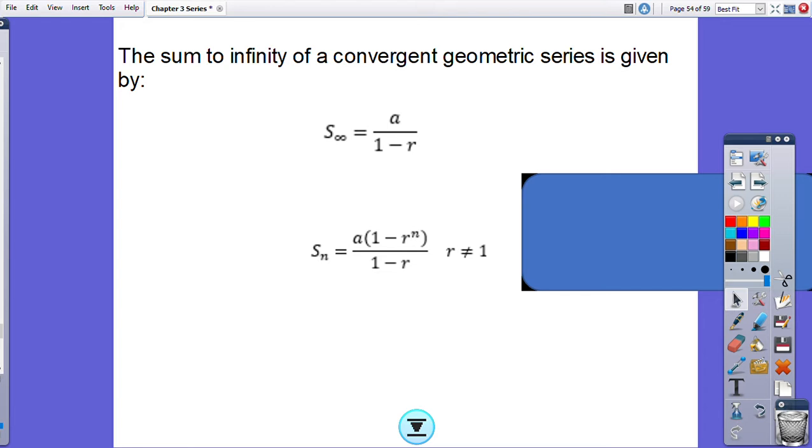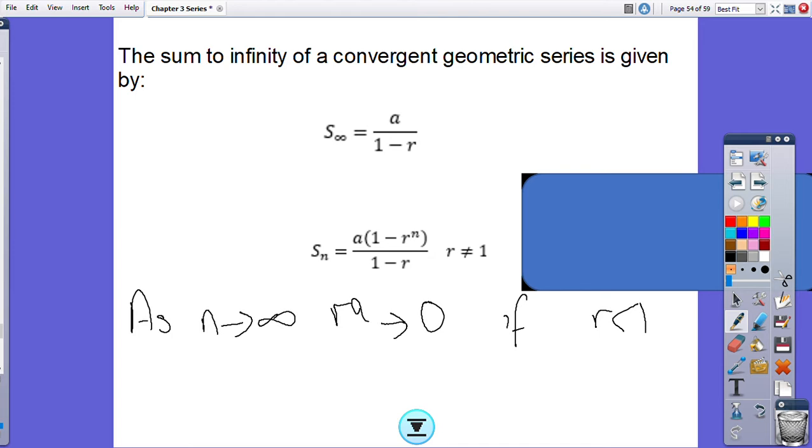So every time the power gets bigger for a value of, say, a half, the answer gets smaller. And that works for any number that's between minus 1 and 1. So in other words, as n tends to infinity, r to the n tends to 0 if r is between minus 1 and 1.